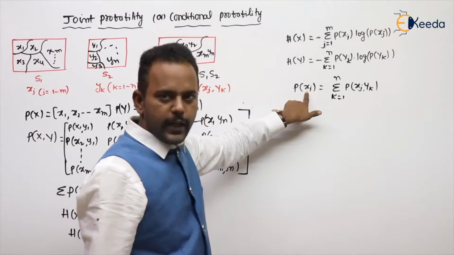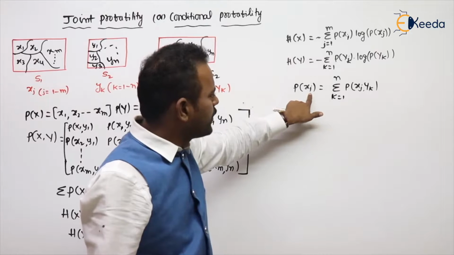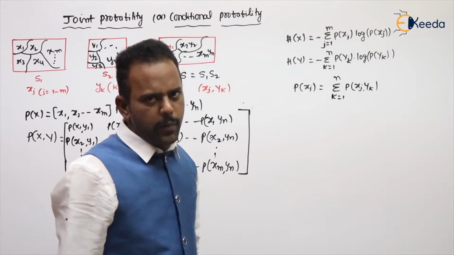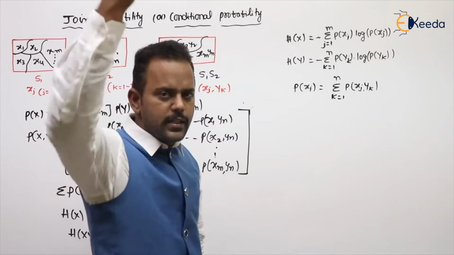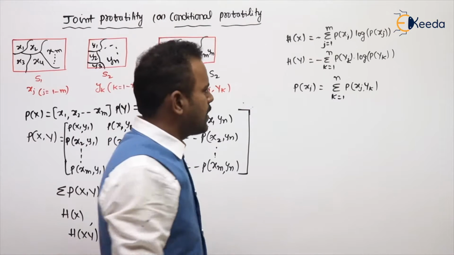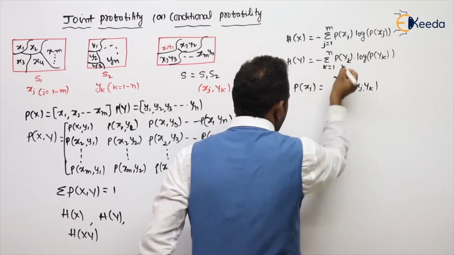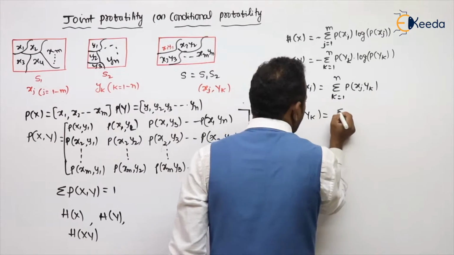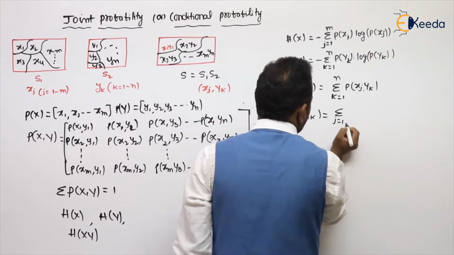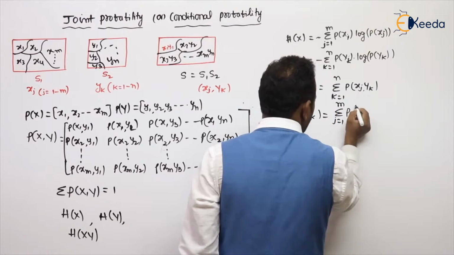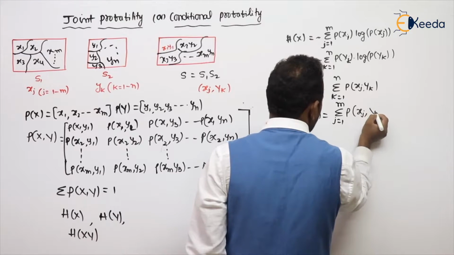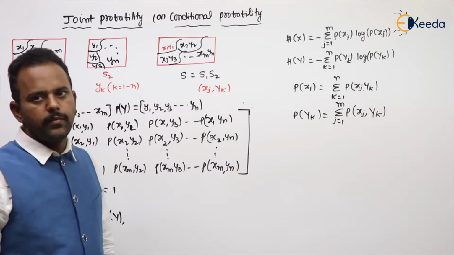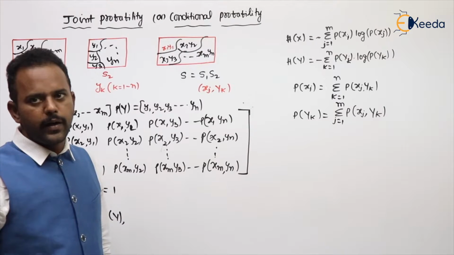Any symbol on the input side, maybe j value 1 if you take, that x1 in connection with all output probabilities, means x1 may be received as any one of them. So the complete set I have written. In a similar manner you can also write P of yk equal to summation j equal to 1 to m, P of xj yk. Are you getting my point or not?